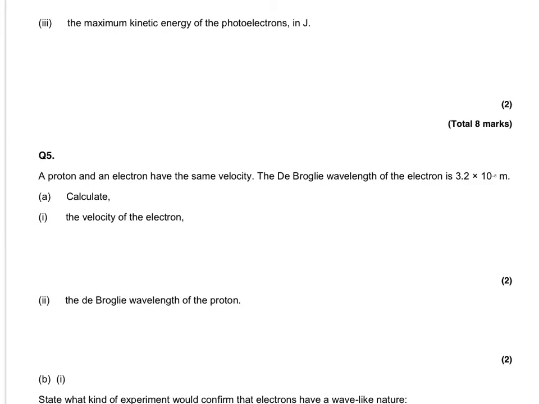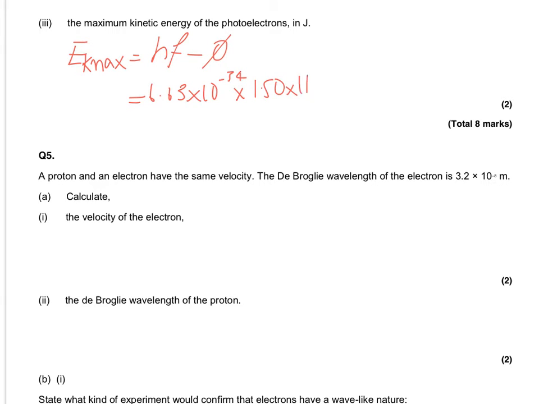So let's flick over. And it wants the maximum kinetic energy of the photoelectrons. So the max kinetic energy is the photon energy minus the work function. So it's going to be 6.63 times 10 to the minus 34 times the frequency, which is 0.50 times 10 to the 14, minus 2.3 times 10 to the minus 19.